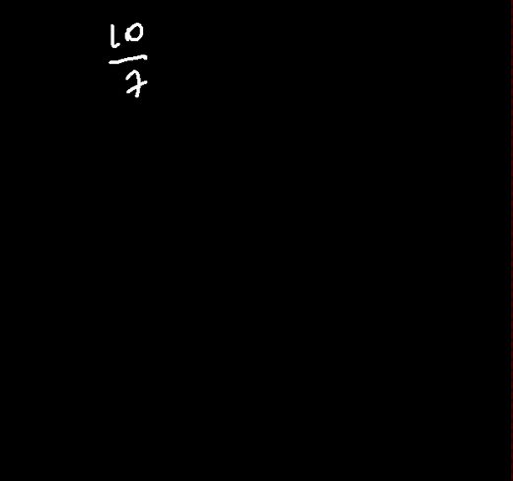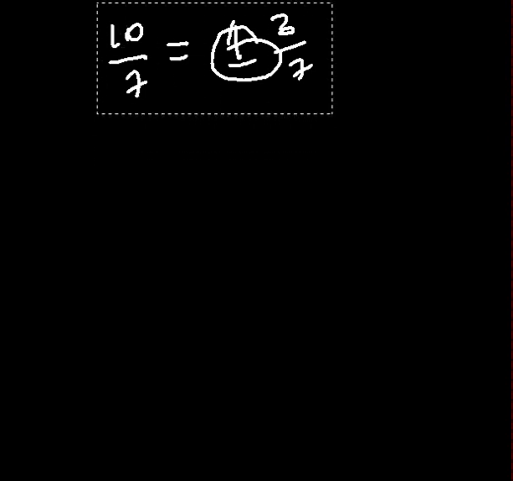Using the same way, we'll have 1 and 3 divided by 7, where 1 is the whole number. So a fraction can have the denominator, numerator as well as the whole number.